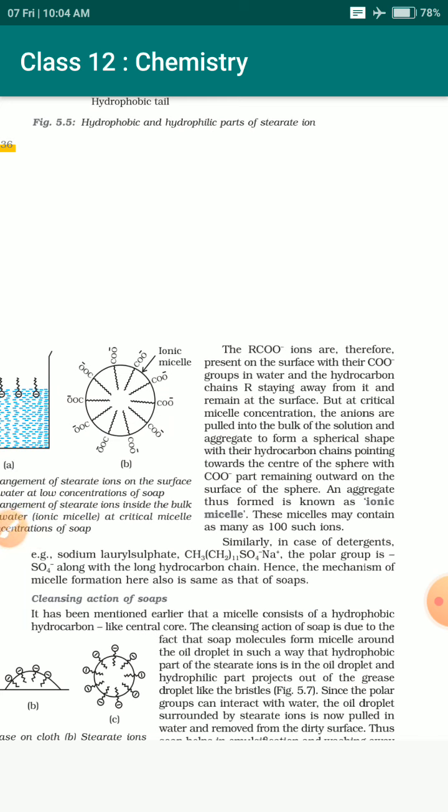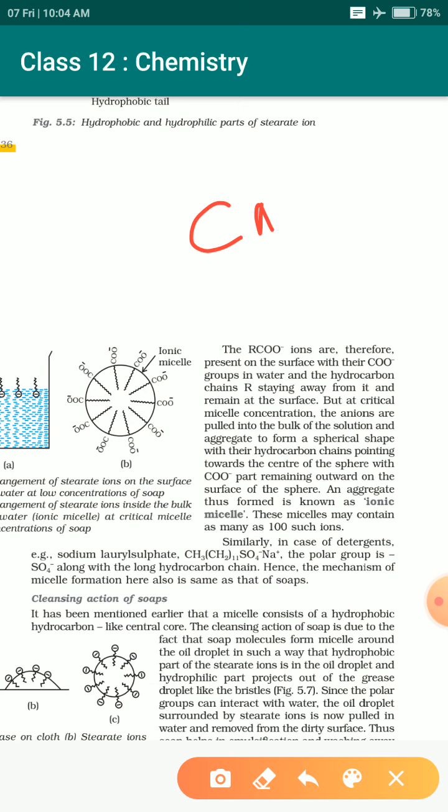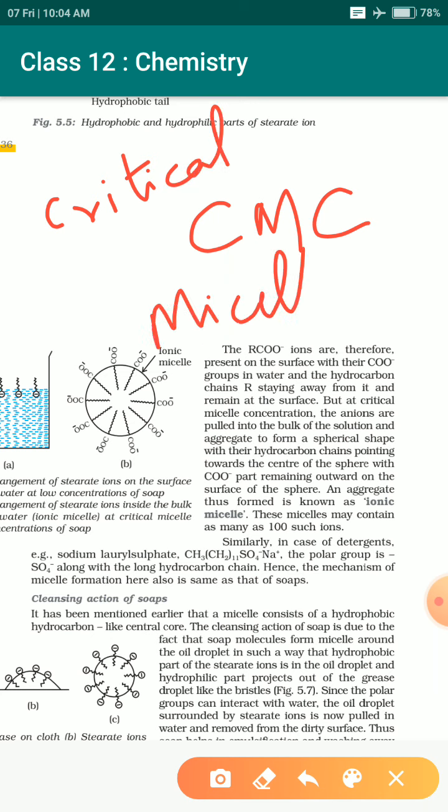Now we had studied that at a certain concentration, CMC, critical micelle concentration, this is the concentration above which the micelles are formed.